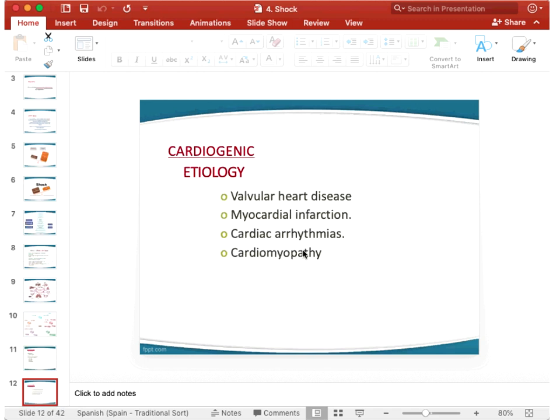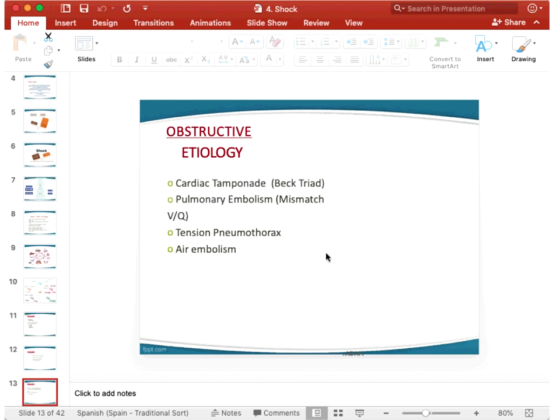In cardiogenic shock, there may be something wrong with the valves, or the patient had a heart attack, or an arrhythmia, or a disease such as cardiomyopathy that makes the heart not pump sufficiently or optimally. The obstructive is in a trauma setting such as cardiac tamponade, and in cardiac tamponade we're going to see the Beck's triad.